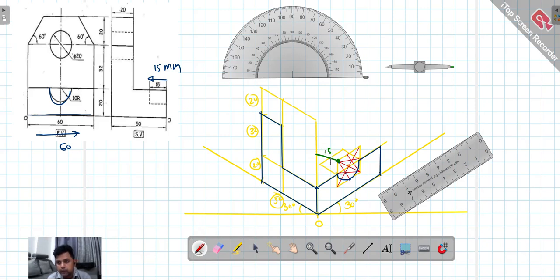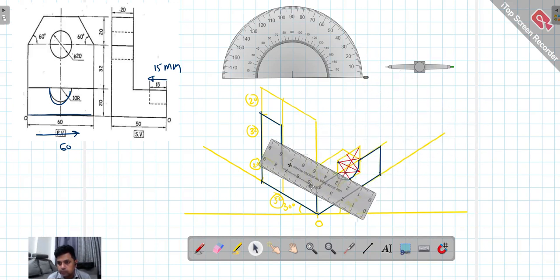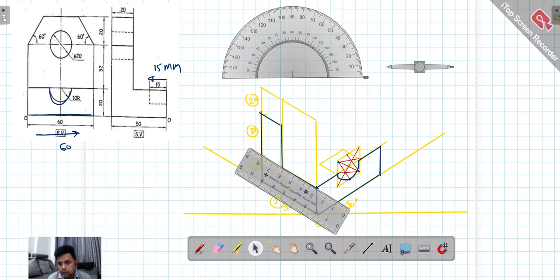And see how I am drawing. I am taking scale again. Okay, see, parallel to this line. Which line? Parallel to this yellow line or parallel to any line, like parallel to this line or this line or this line.